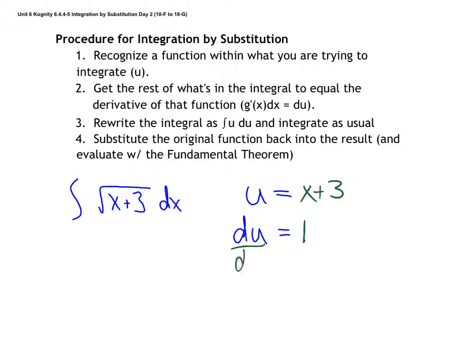So du dx is 1. So what does du equal? 1 dx. We're multiplying by dx on both sides.